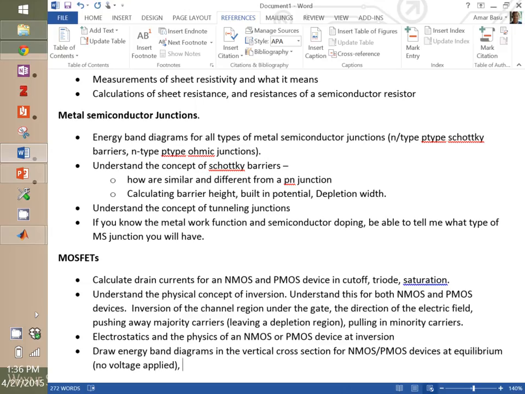Inversion, right? And then we also drew it at something called accumulation mode. And we also did it at something called the depletion mode.